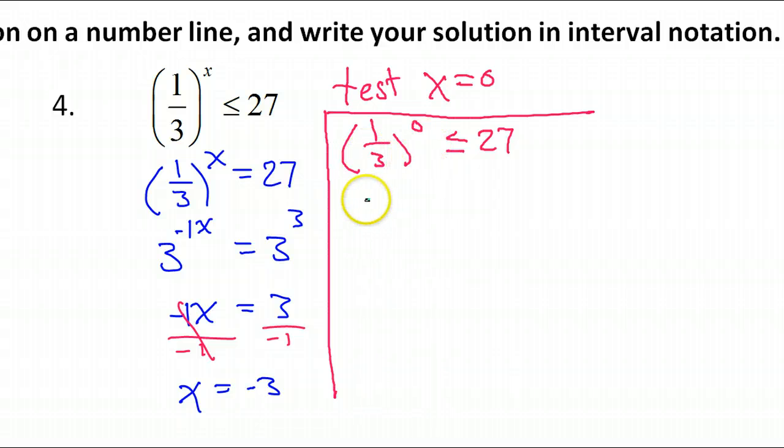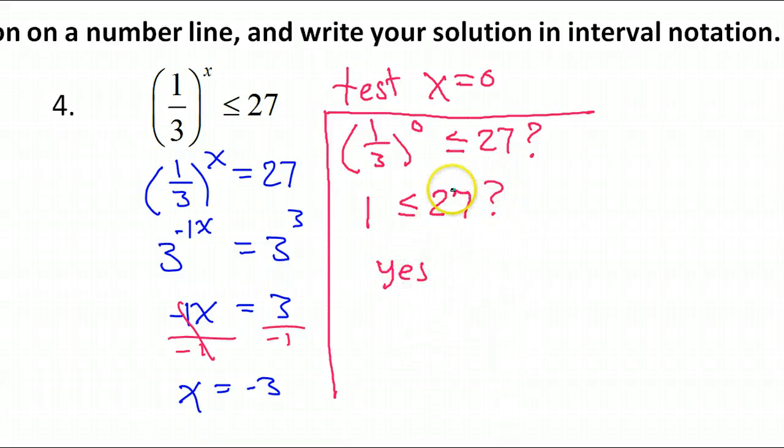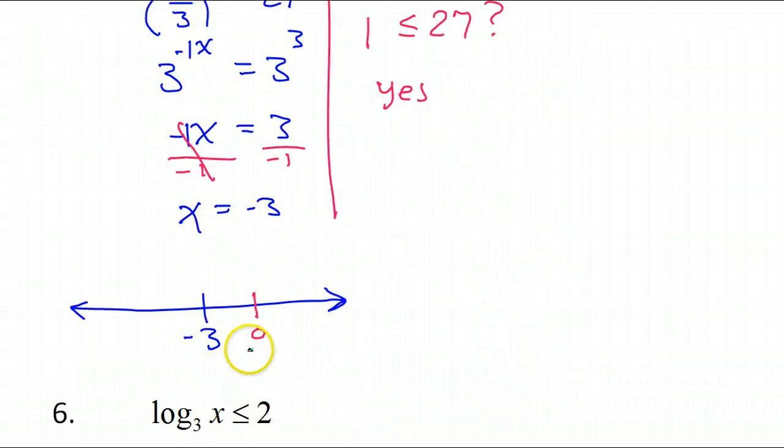Anything to the 0 power is 1. Is 1 less than or equal to 27? Yes, it is. So that means this side has the solutions, and this side does not.